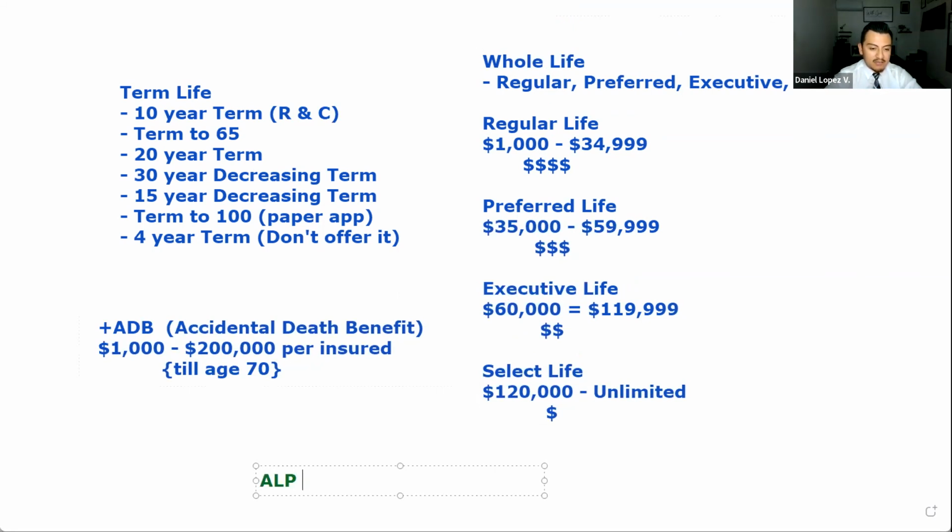Okay, which stands for annual living premium, which is what you see on the GroupMe.